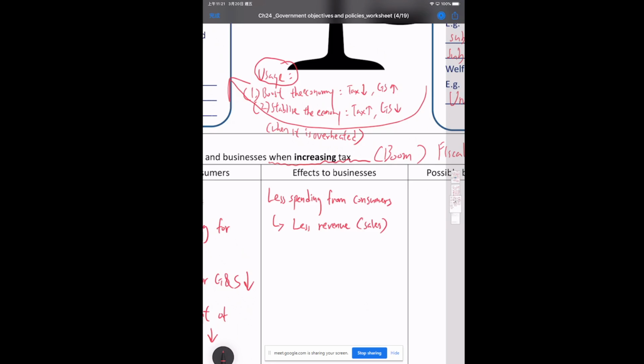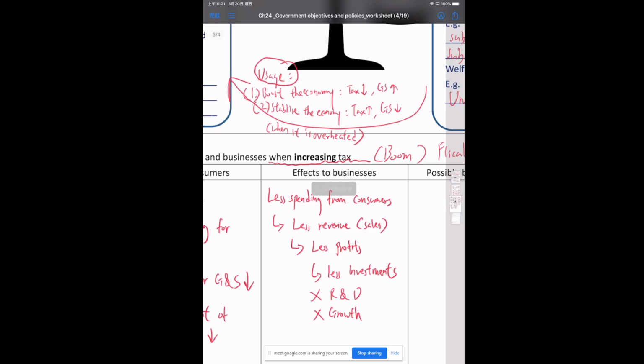So less revenue or sales, and at the end there could be less profit for the businesses, and with less profits, there will be less investment. Yeah, less investment, and you will see there will be less opportunity for you to do R&D to grow the business.